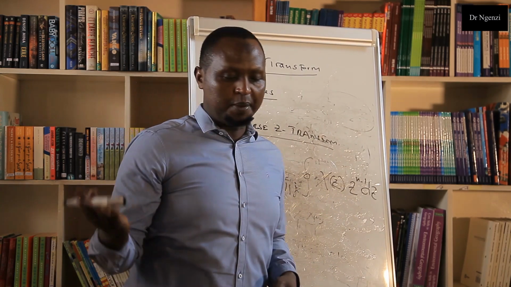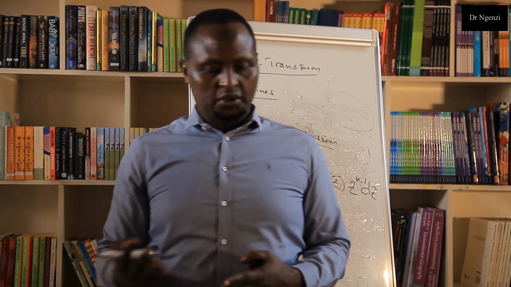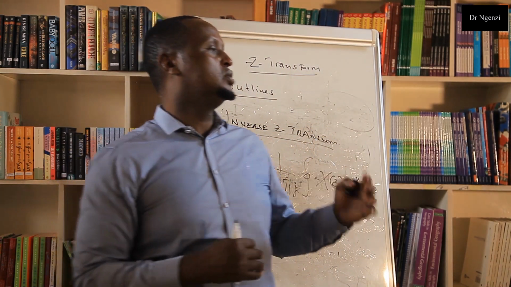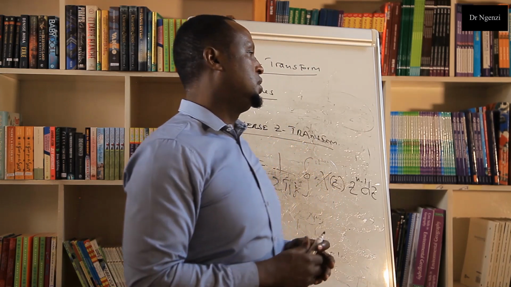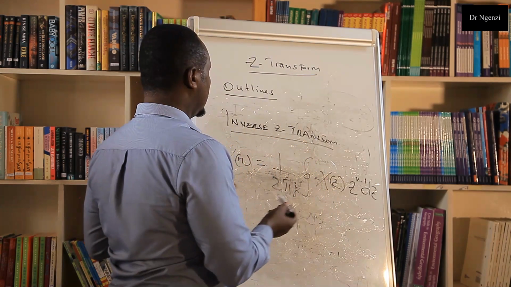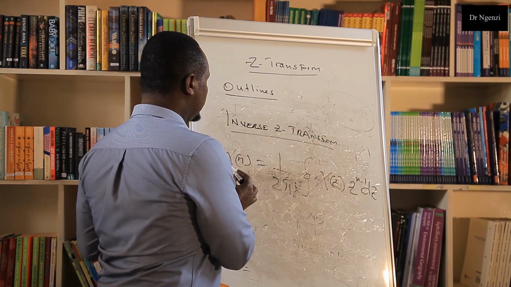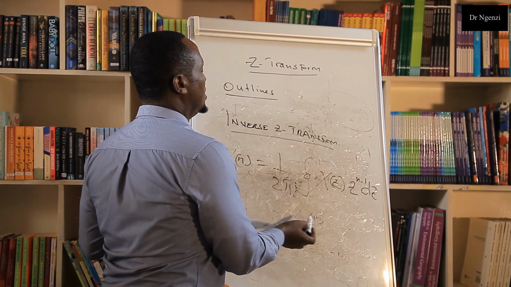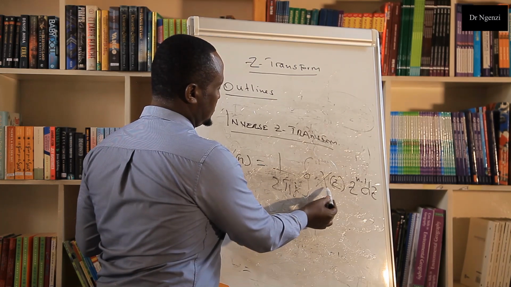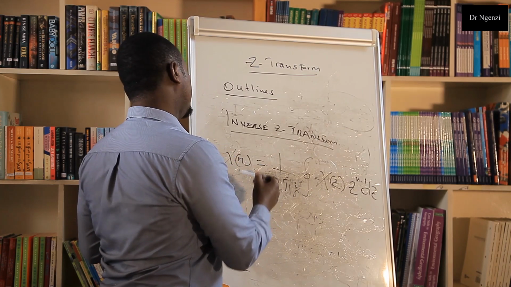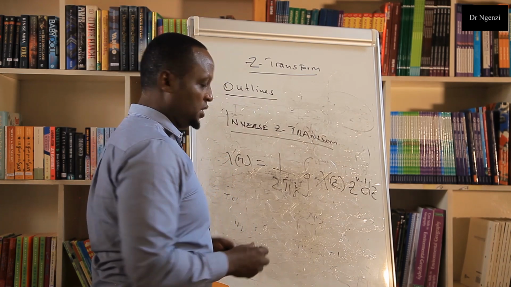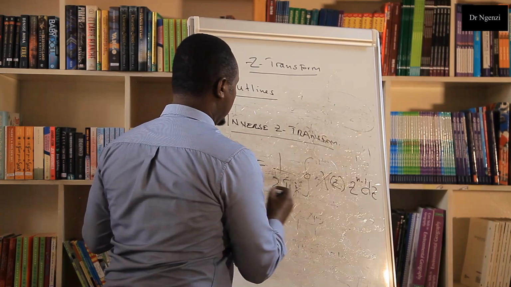And I told you the purpose of this is to go the other way around, from the frequency domain to the discrete time signal. Before we were looking for X of z, but now we are looking for x of n, to be turned into numbers. So this is the general form.